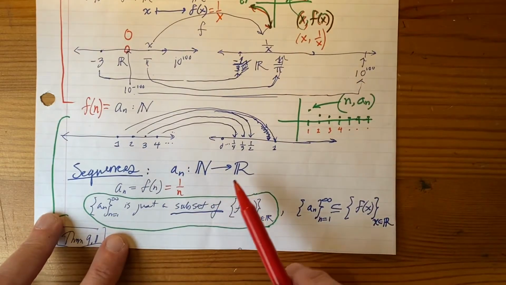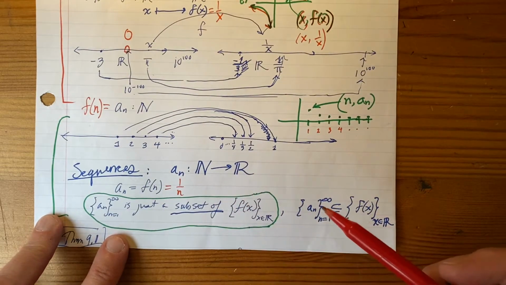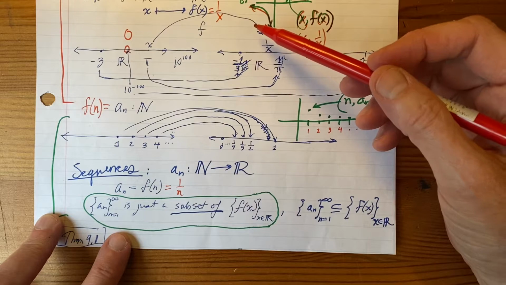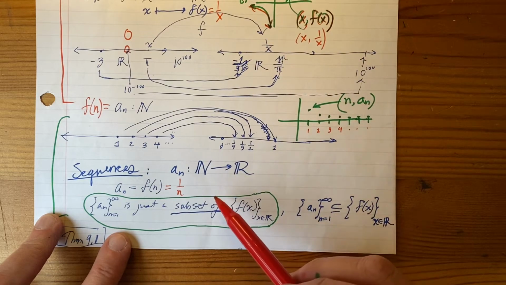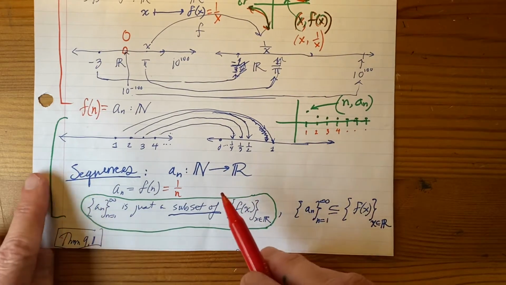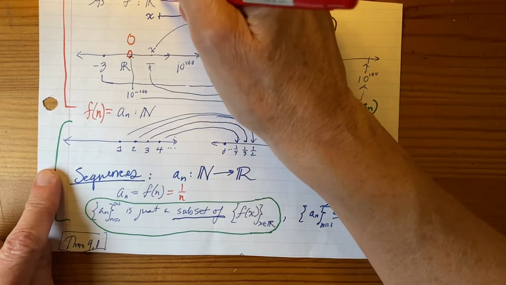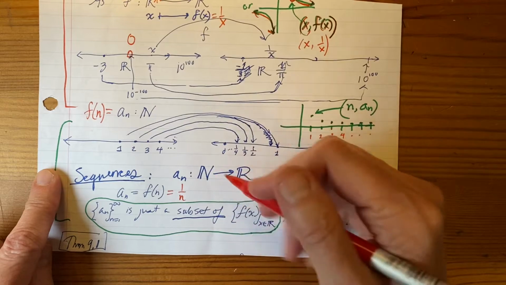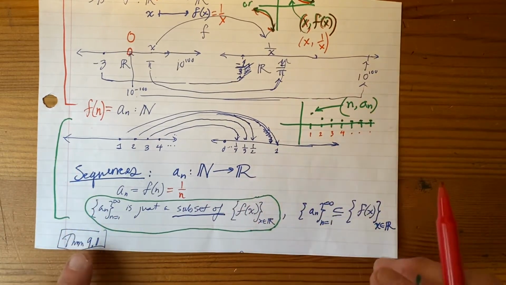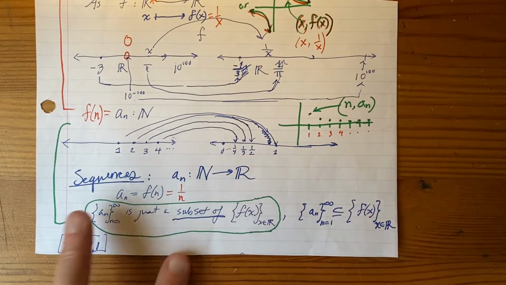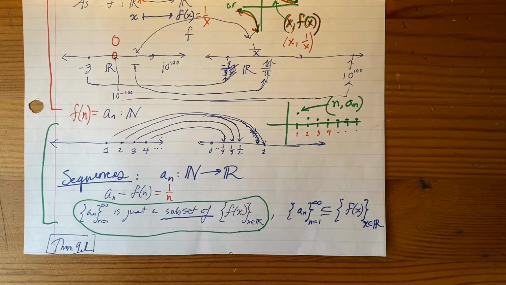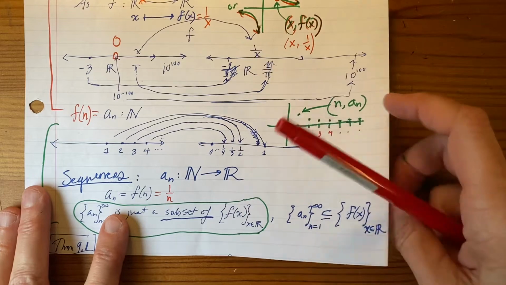So we just examine a kind of skeleton of this function, 1 over x, just the part that's coming from changing the domain from R star to the natural numbers, starting with 1. Okay, so sequences are really functions. All right.